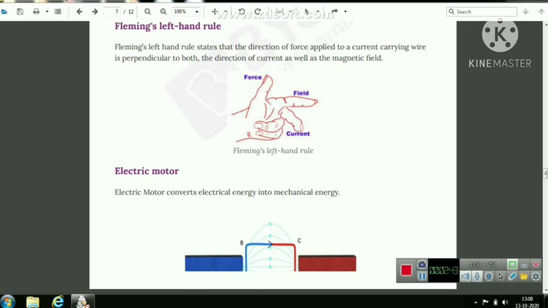Again, we are going to see the electric motor, which functions on the force acting on a current carrying conductor in a magnetic field.